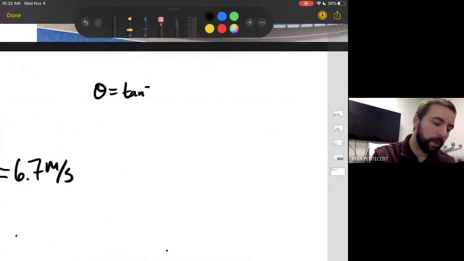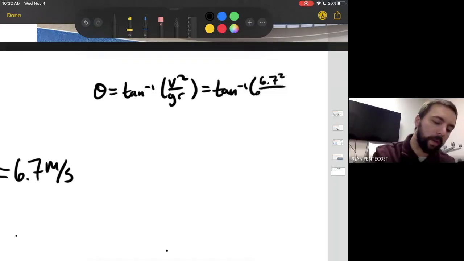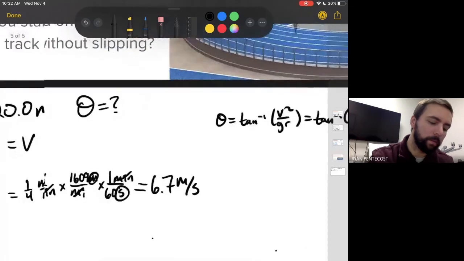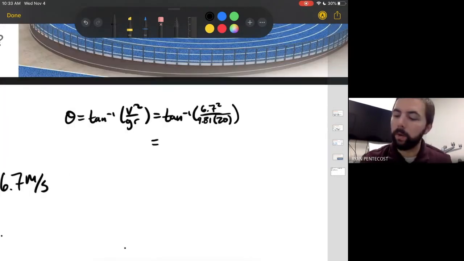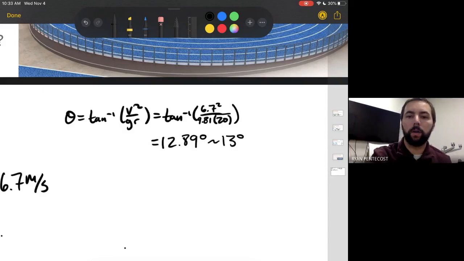That would give us the tangent inverse. What is our v? 6.7 squared divided by 9.81. And our radius is 20 meters. There you get 12.89 degrees. 12.89 degrees, so about 13 degrees to run that 4-minute mile on a 20-meter radius track.